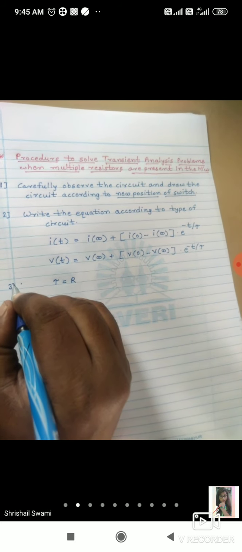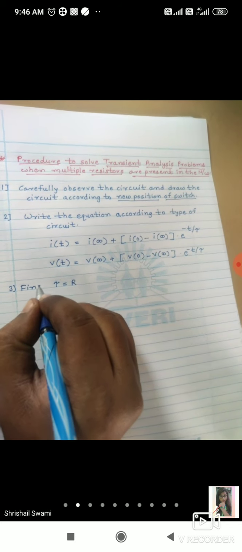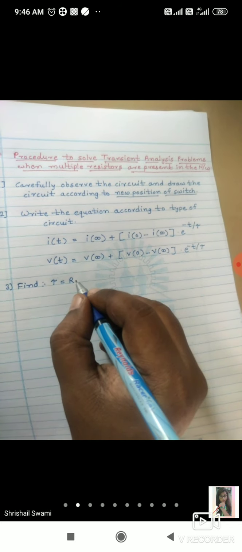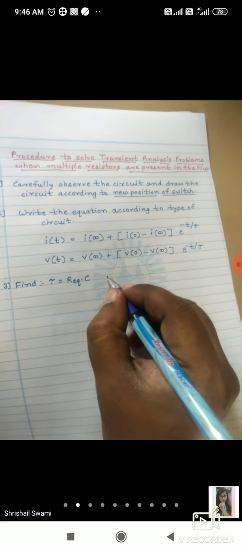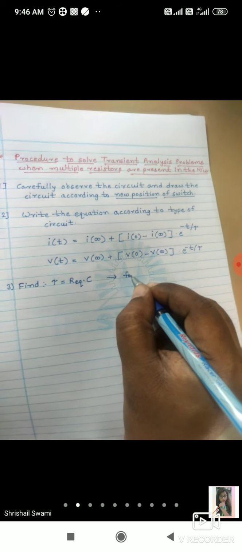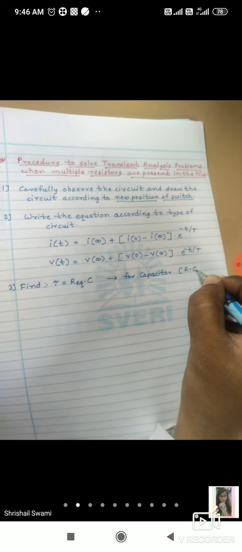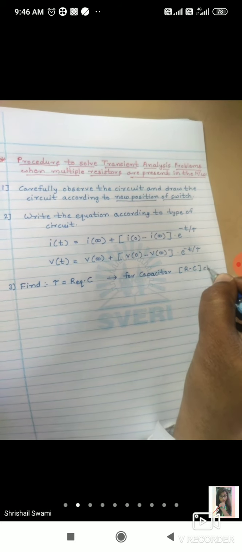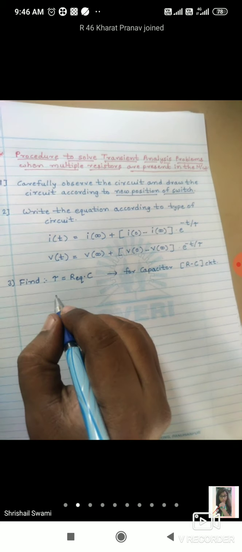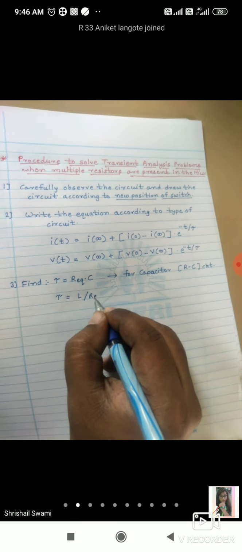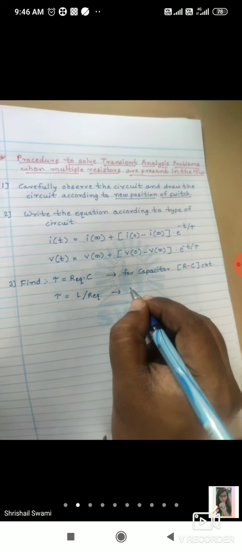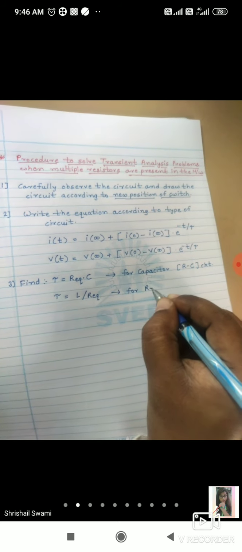Where tau is equal to, this will be the third point, find tau. Tau is equal to R equivalent into C for a capacitor, if it is an RC circuit, and tau is equal to L by R equivalent for an RL circuit.